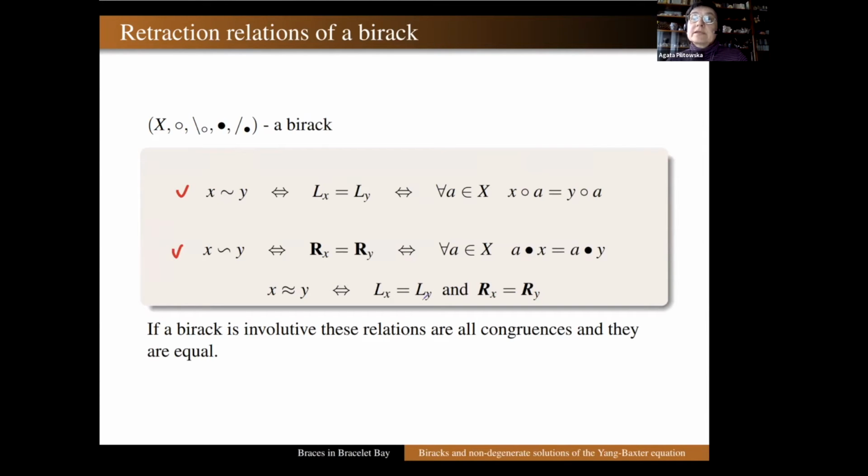This relation is defined as follows: two elements are in the relation if and only if the right and left translations by these elements are equal. Clearly, if a Birack is involutive, these relations are all equal and all are congruences of the corresponding Birack.